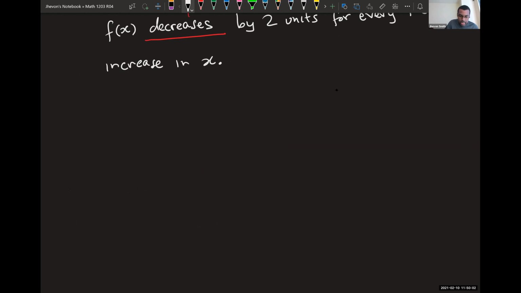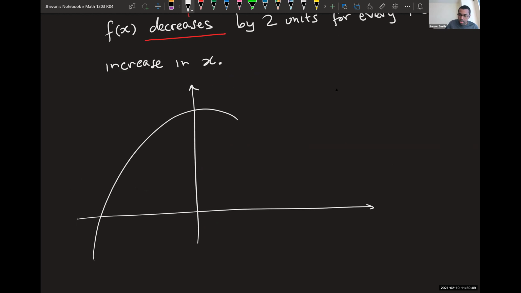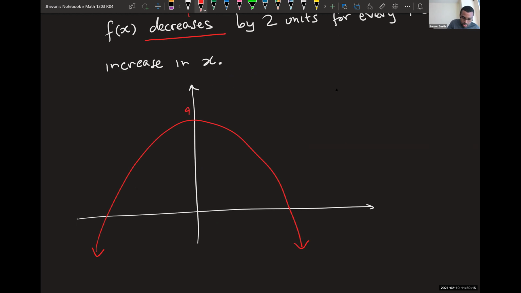So you'll notice that in this example, 4 minus x squared is like a parabola. Let me just be consistent and draw the graph in red. It'll hit here at 2 and here at minus 2. And we care about the interval minus 1 to 3. Let's put that there.